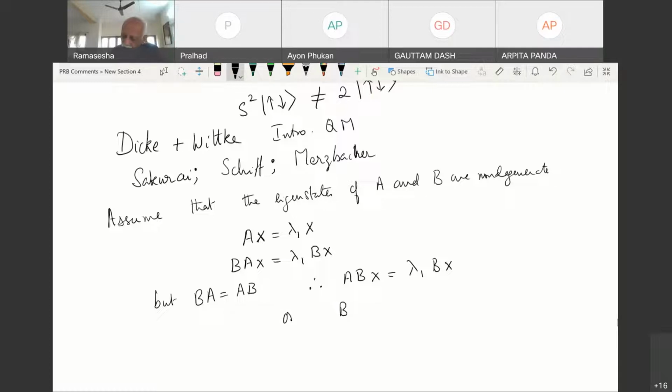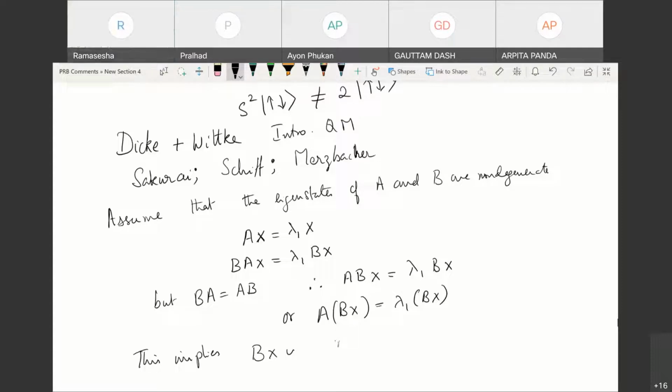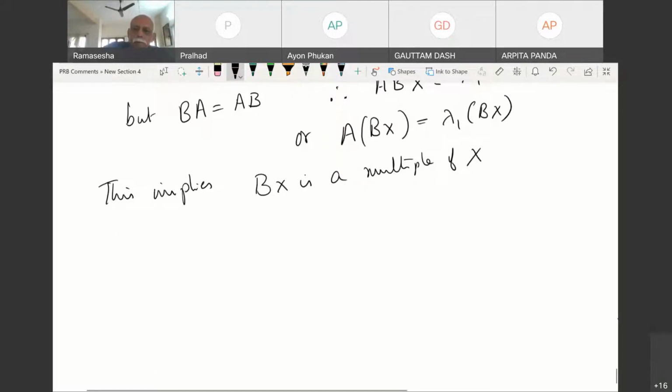This implies Bx is a multiple of x, or Bx is equal to some omega times x, where omega is a constant.